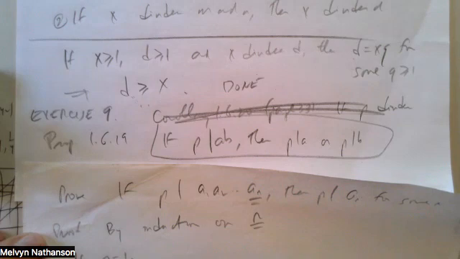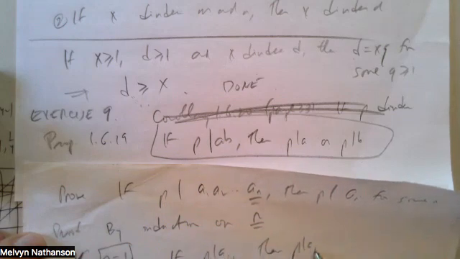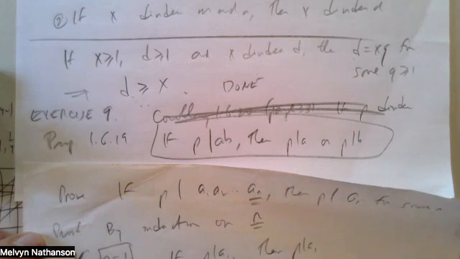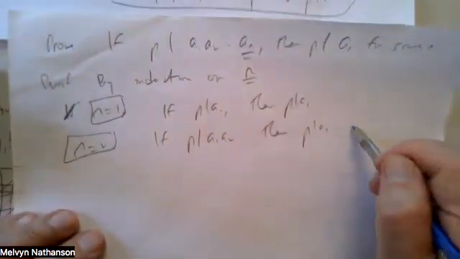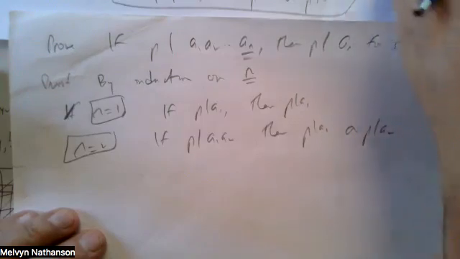So of course, for R equal 1 is trivial. If R equal 1, this says that if P divides A1, then P divides A1. Well, that's kind of obvious, right? So we don't have to say anything about that. For R equal 2, this says if P divides A1 times A2, then P divides A1 or P divides A2.